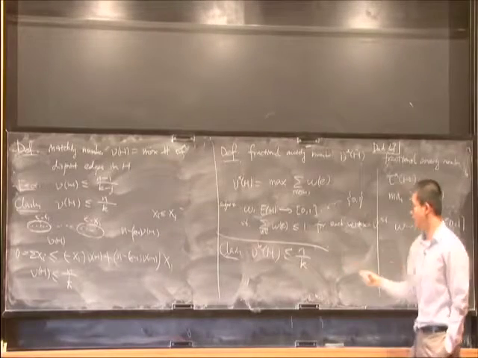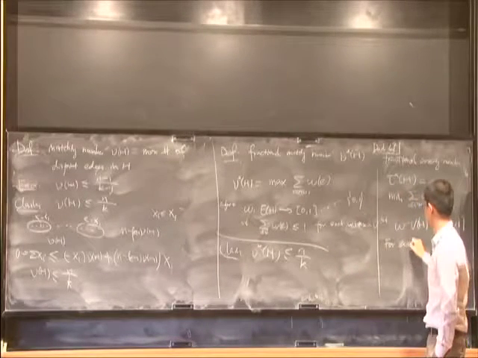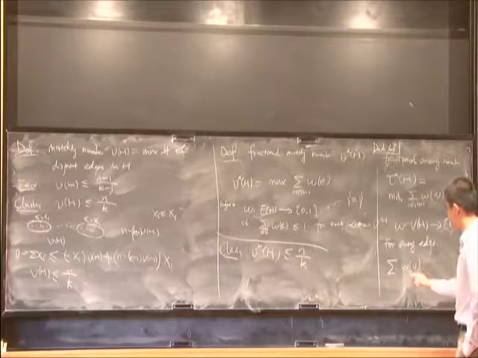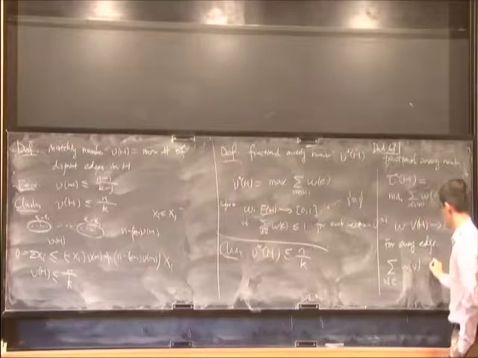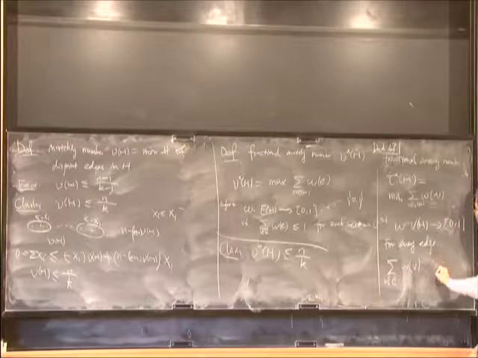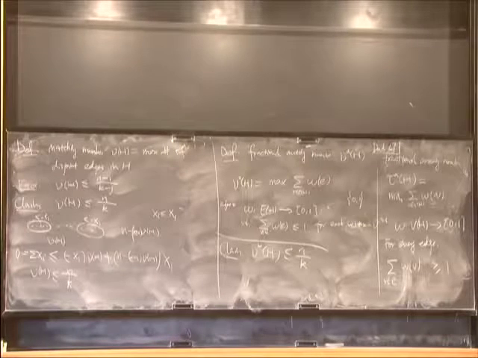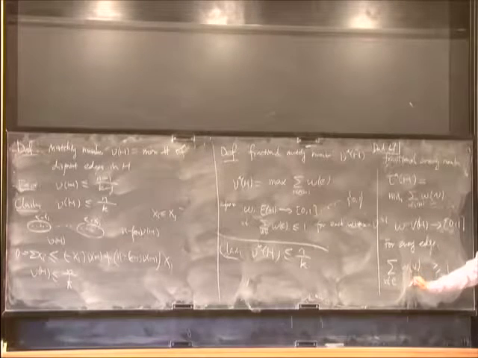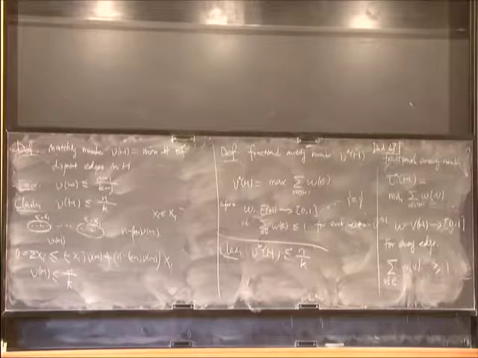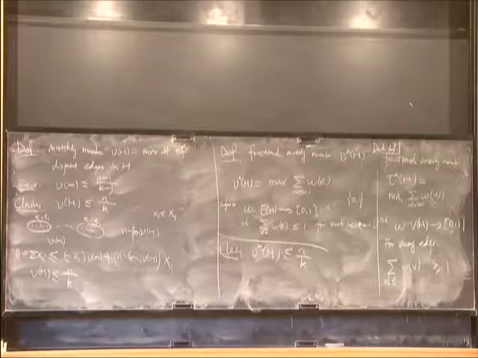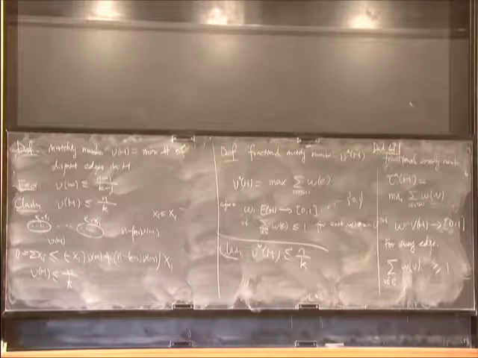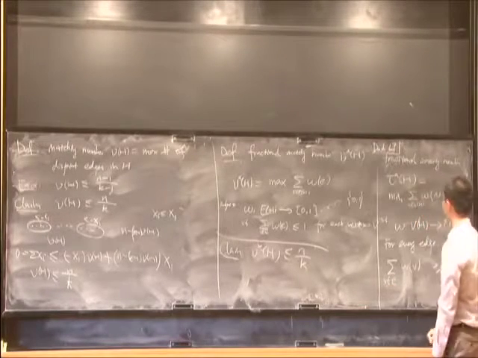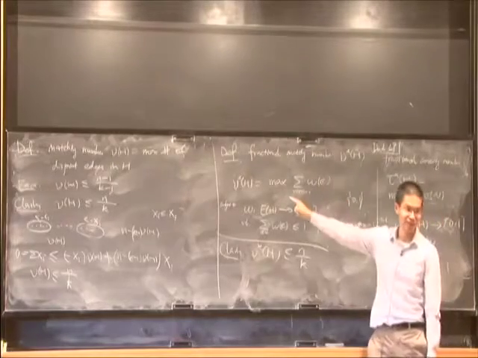And now for every edge, the sum of the weights on its vertices is at least 1. So it's a covering: we want to cover every edge at least once. And now by the duality of linear programming, we know that these two numbers are actually equal.